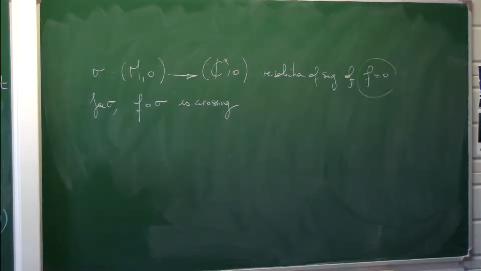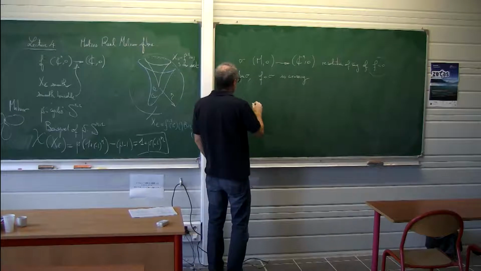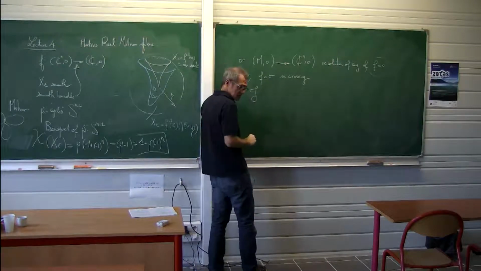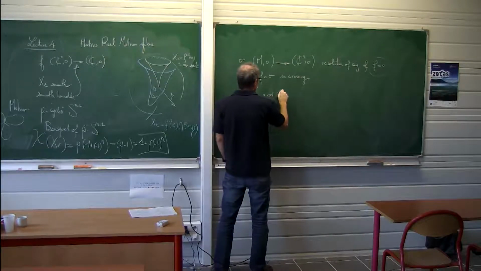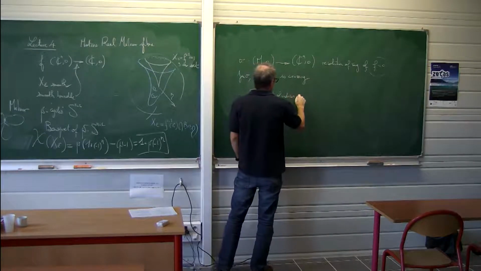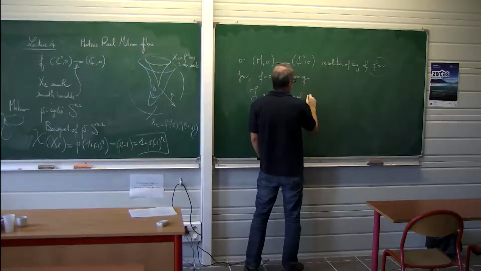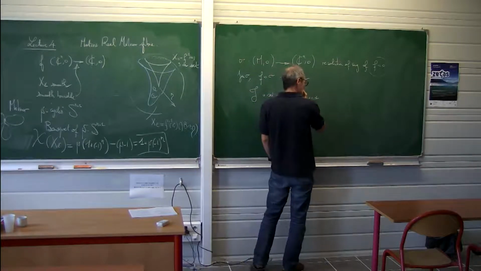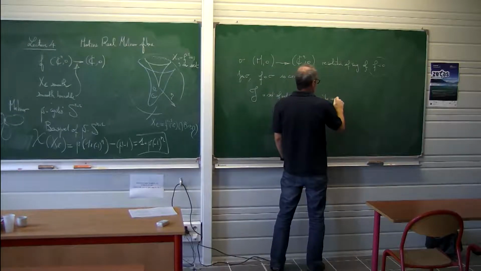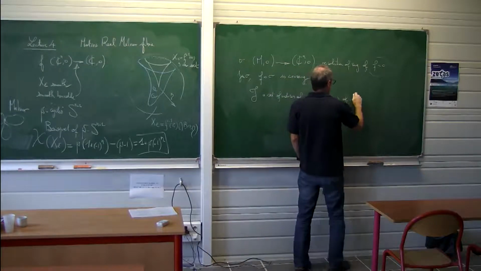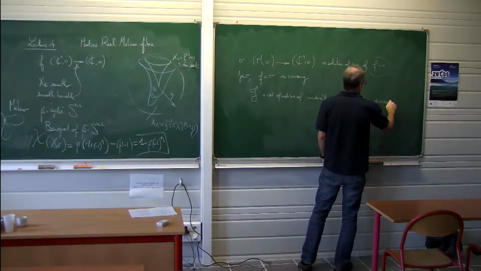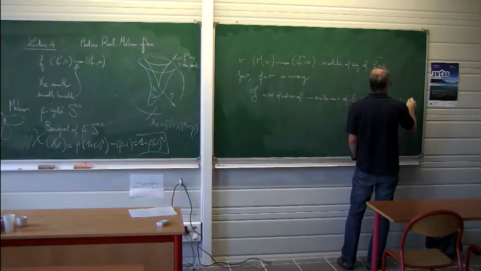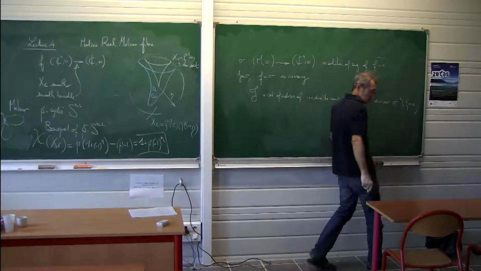We denote by, I don't know if you took the same notation, Michel, but we denote by capital G a set of irreducible components of the exceptional divisor, which is the preimage of the singular fiber.